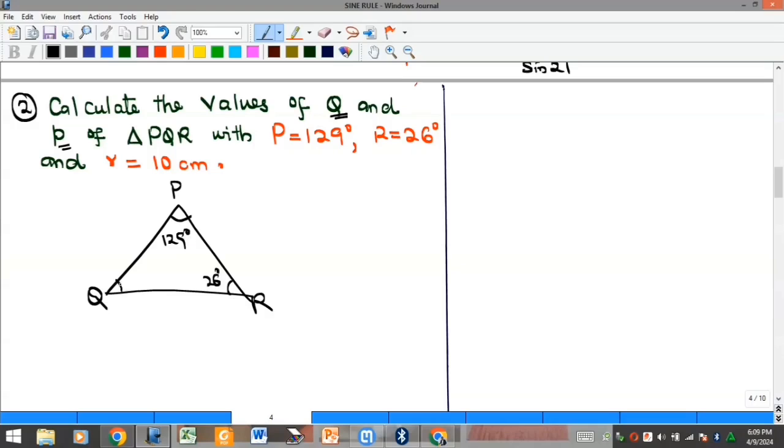Q is not given. Side r is given as 10. And then we are asked to find side p and angle Q. So these two are what we are asked to find. I'll leave that as an exercise for you. Kindly do that and show me what your solution is in the comment section.